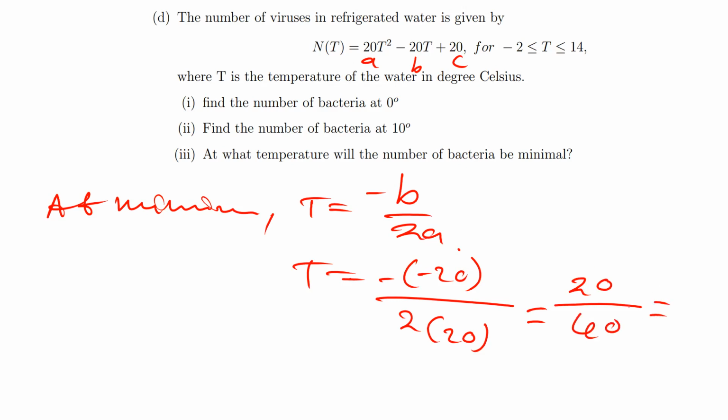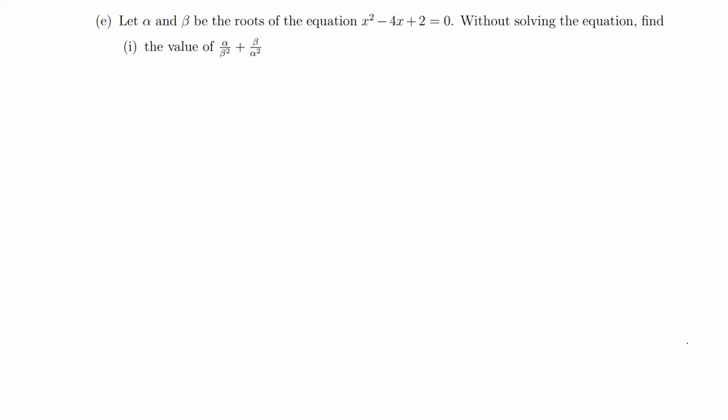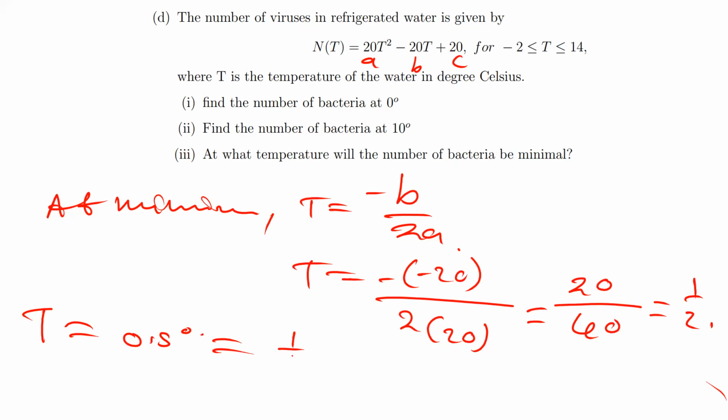When you simplify, you get 1 over 2. So the temperature at which the bacteria will be minimal is T equal to 0.5 degrees, or you can leave it as a fraction, 1 over 2 degrees.